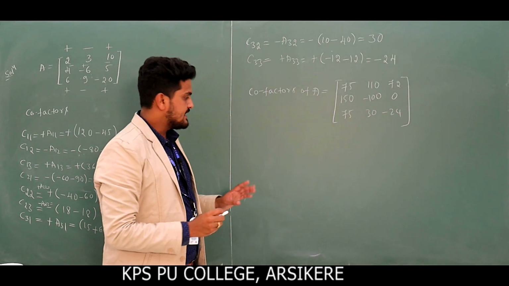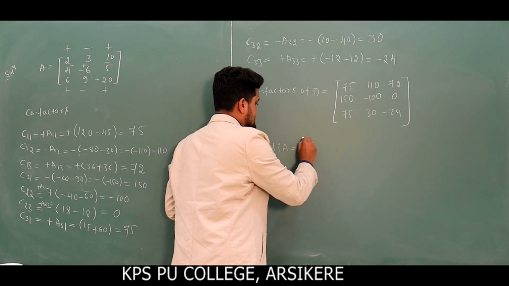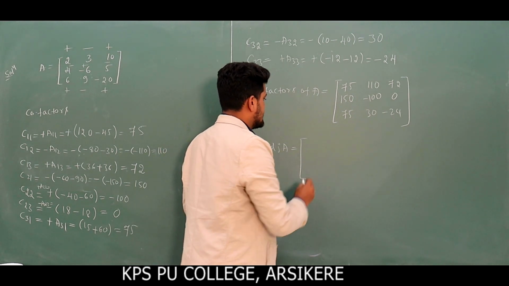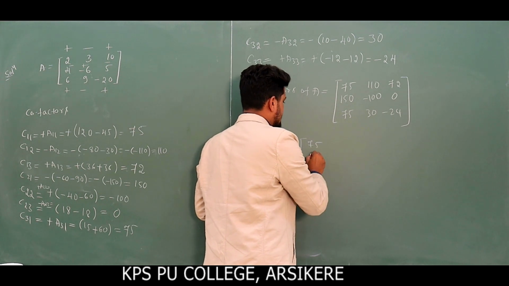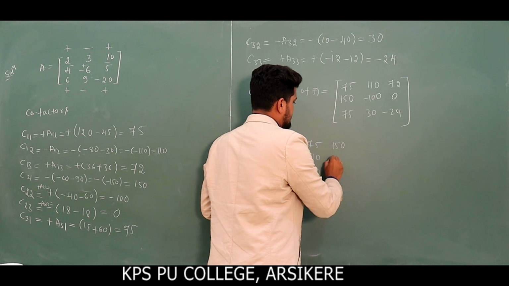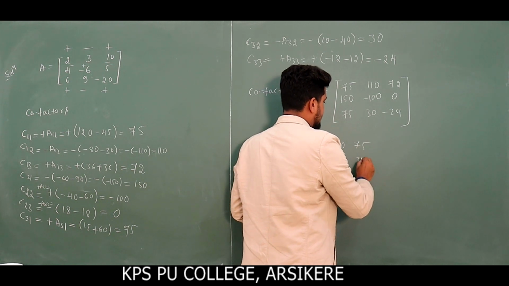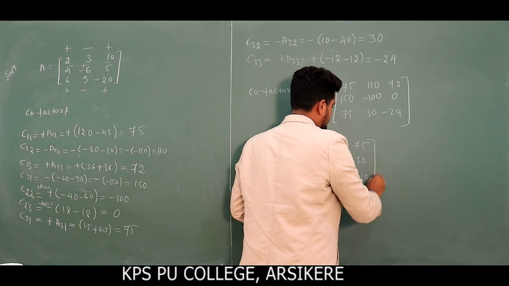Next we have to find adjoint A. Adjoint A is nothing but the transpose of the cofactor matrix. So 75, 110, 72, 150, minus 100, 0, 75, 30, minus 24.